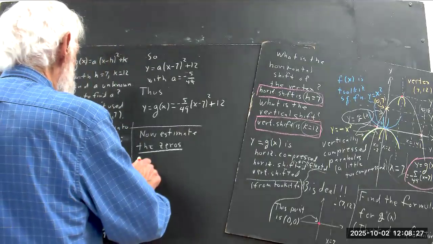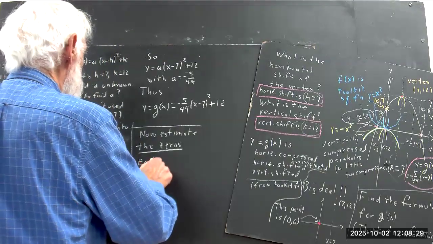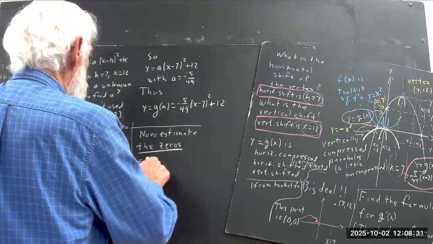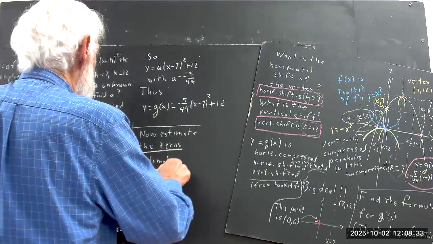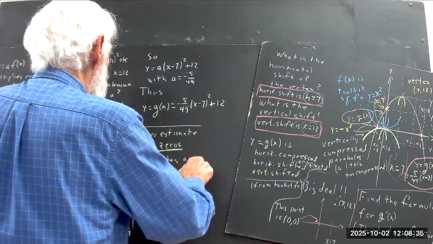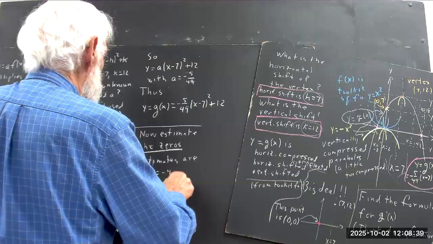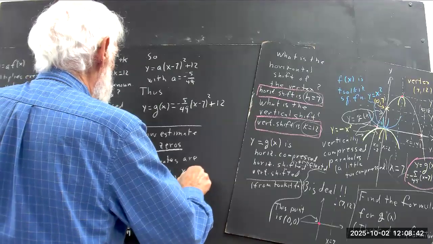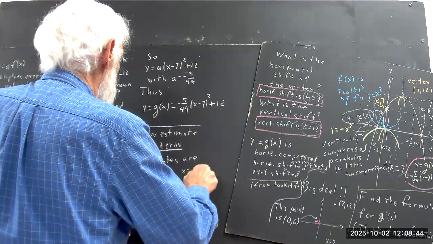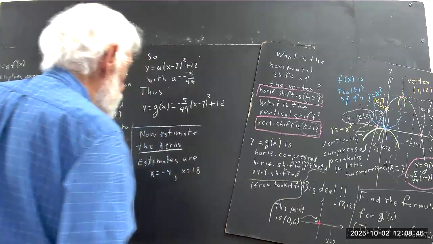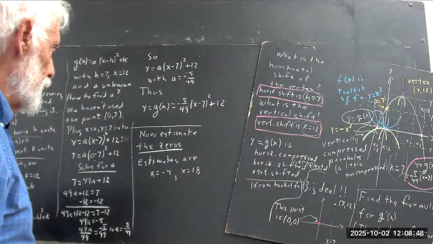So estimates: x equals -4 and x equals 18.